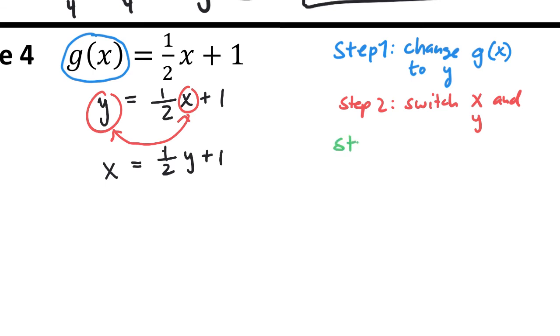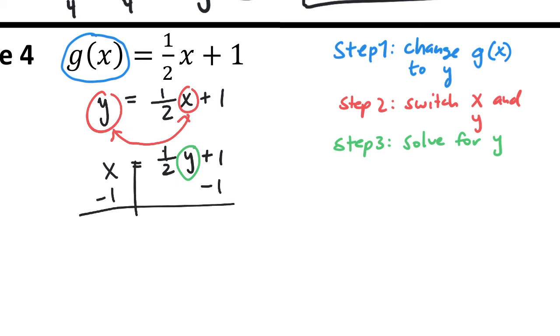Step 3. Solve for y. Get y by itself. So subtract 1, x minus 1 equals 1/2 y.